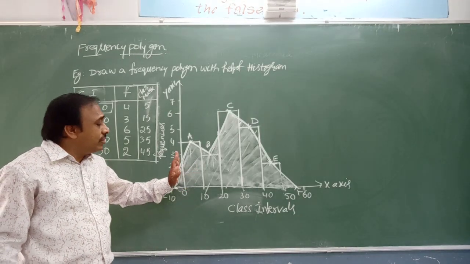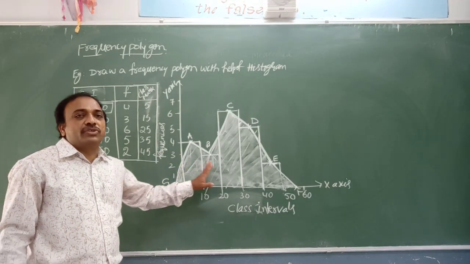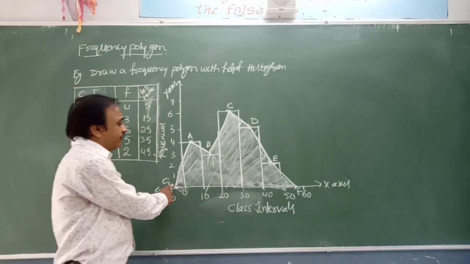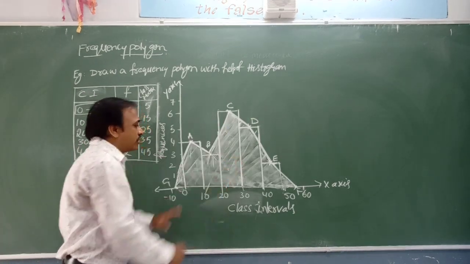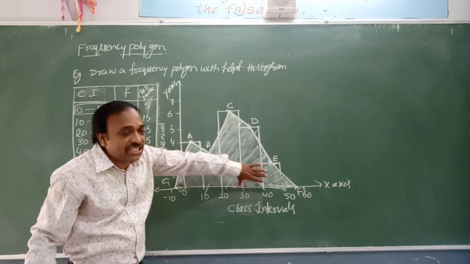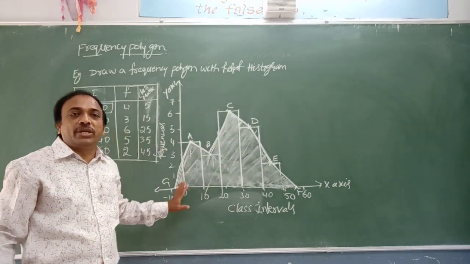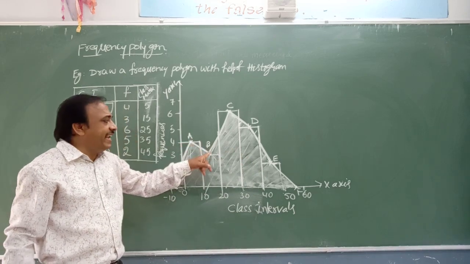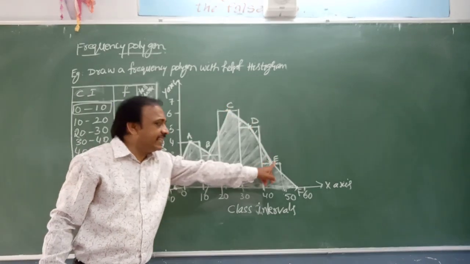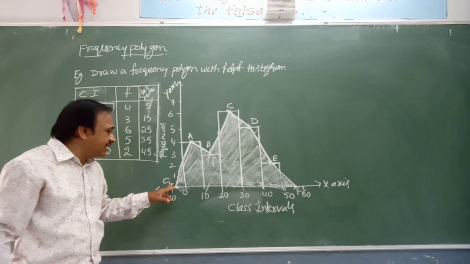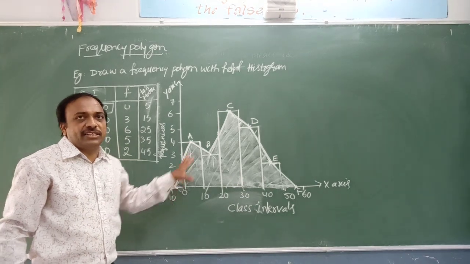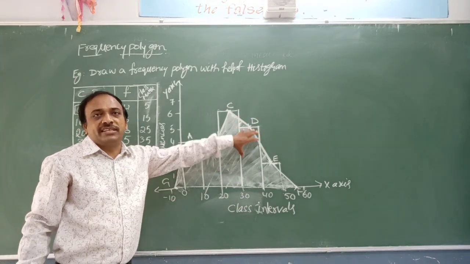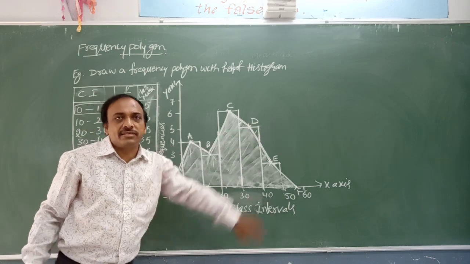Here you are seeing the shaded portion of the frequency polygon, which we obtained with the help of the histogram. The shaded portion completely shows that it is a frequency polygon. We located the points A, B, C, D, E, F, and this point is G. These are the points of the polygon, the vertices of the polygon.